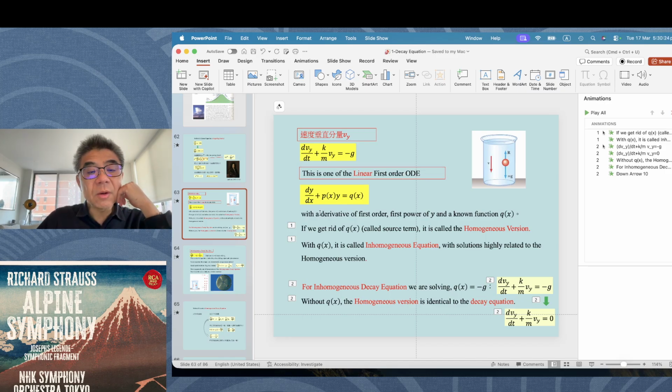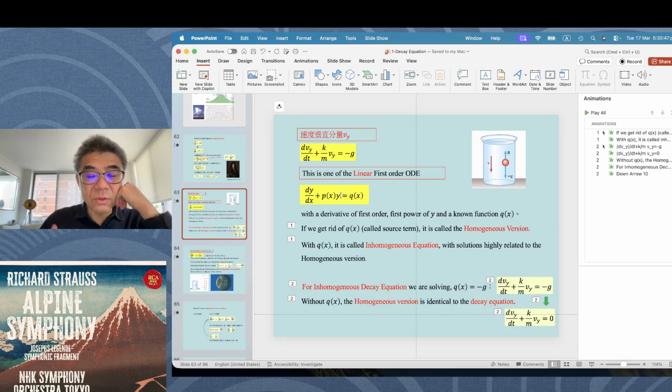The key character is there is only one power of the first order derivative, one power of y, and a known function Q. There is no y square or (dy/dx) square or cube. If there is a y square, then it is nonlinear.